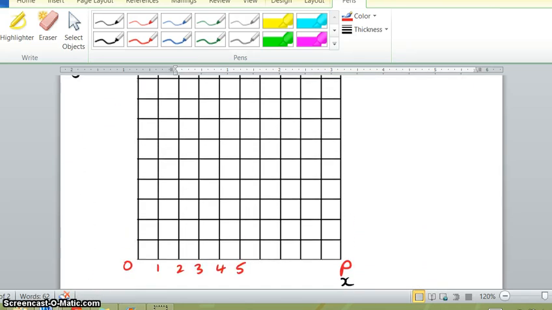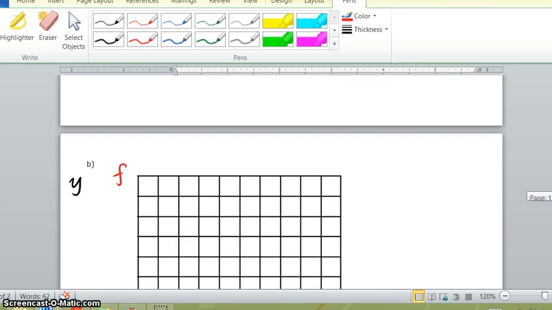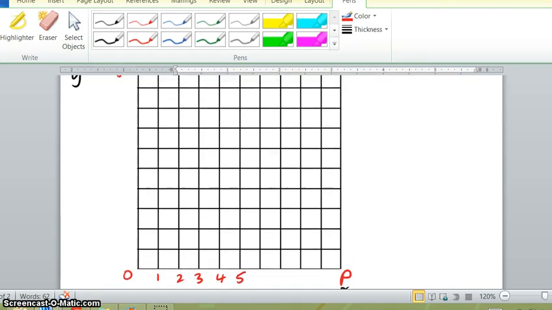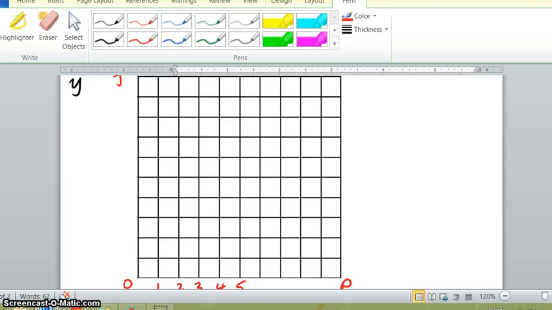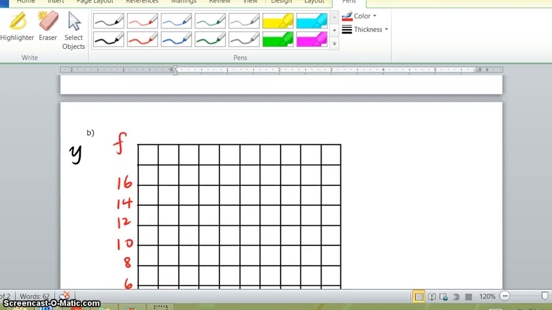I could go up by 3s because it's nicely laid out for me here, but I'm going to go up by 2s so that it fills up most of our graph. You can choose to go up by 3s if you want to, it doesn't matter. So I'm going to go 2, 4, 6. We know that our highest value is 15 on the y-axis or the output.